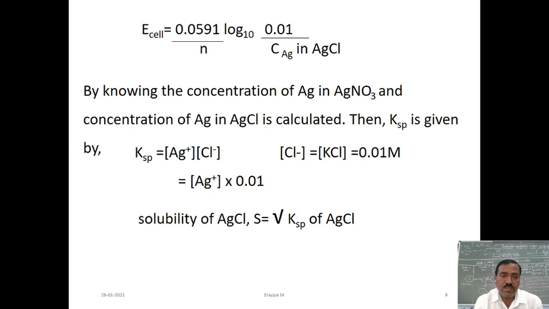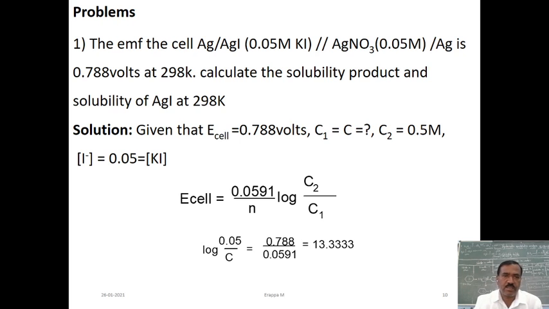You will get the solubility product. Solubility of AgCl, S, is equal to the square root of Ksp of AgCl. So the solubility and solubility product of a sparingly soluble salt like AgCl can be calculated using concentration cells.